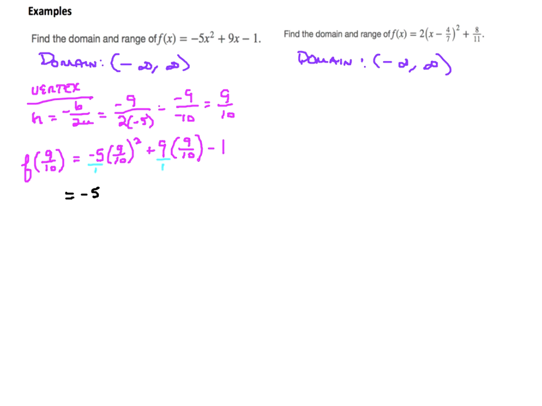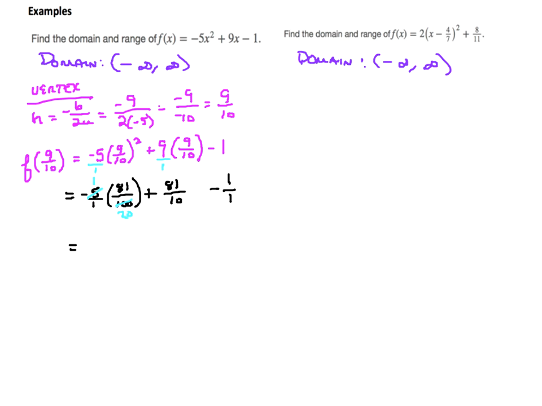All right. So I have -5 over 1 times 9 squared is 81, 10 squared is 100, plus 9 times 9 is 81, 1 times 10 is 10, minus 1, and I'll go ahead and put it over a 1. And I'm going to go ahead and reduce these fractions before I multiply them. 5 goes into 5 once and into 100 20 times.